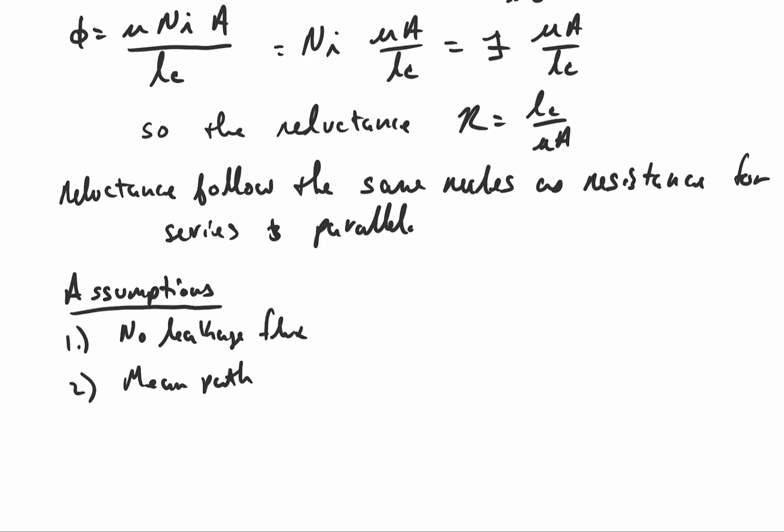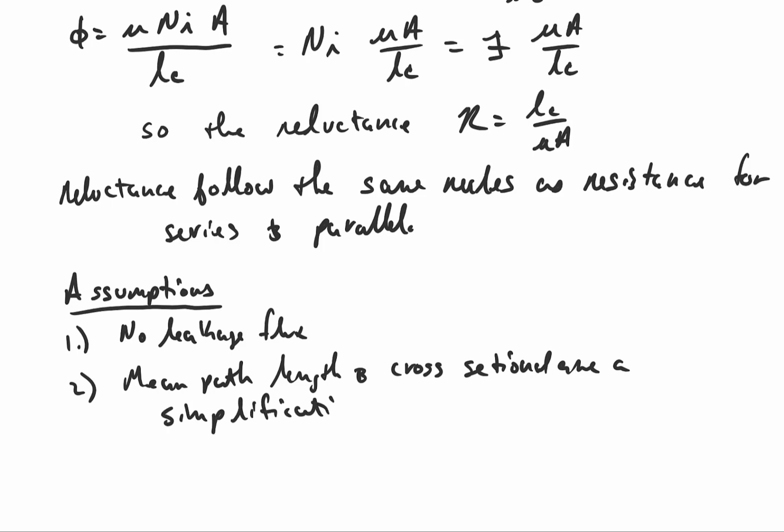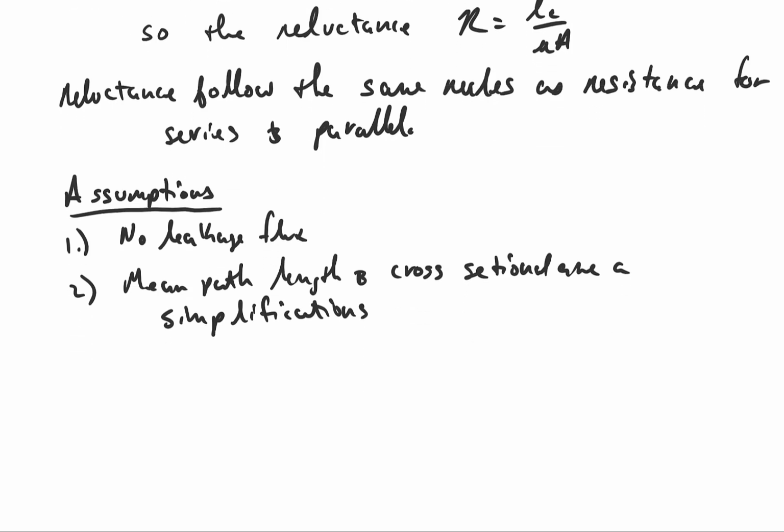So we have mean path length and cross-sectional area simplifications. Also, the permeability, we're assuming it to be constant here. So we're making a linearity assumption, but the permeability actually varies as a function of the amount of flux already in the material. So the assumption that we're making with respect to that is that the core is not saturated.